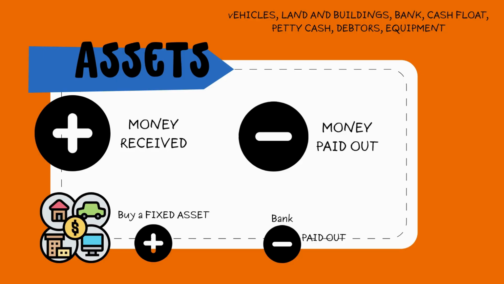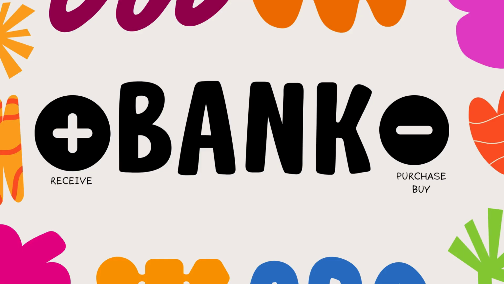The money is more. When you are paying out of your bank account, what happens to your bank? It is decreased because you are paying out of the bank. So, bank, when you receive money, is always plus. When you are purchasing or buying, it is always minus. It's always decreasing out of your bank account.